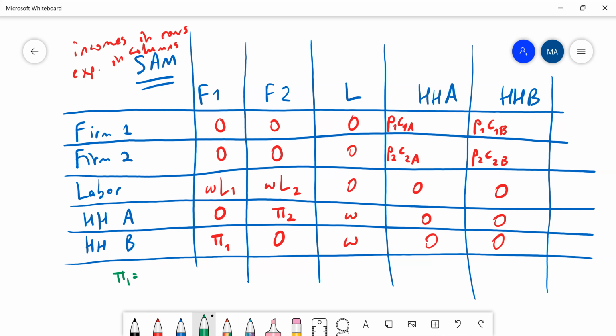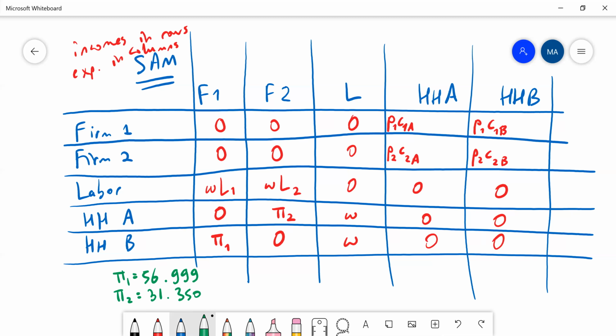P1 is equal to 56.999. I2 equals 31,350. Okay.